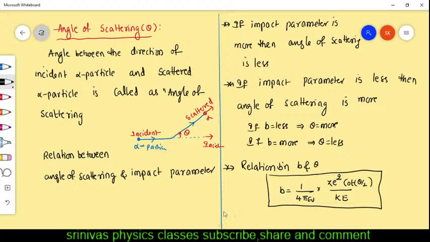In this, Z means atomic number, b is the impact parameter we know, and Ke is one term that I think you don't know. This is the kinetic energy of the alpha particle.